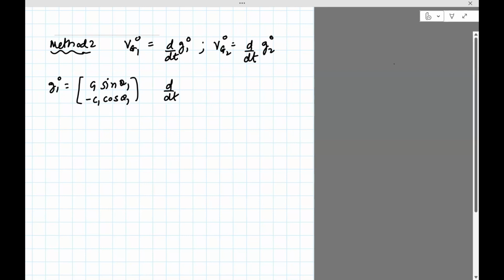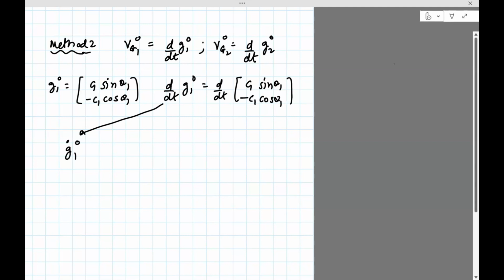So d dt of G10 is going to be d dt of C1 sine theta 1 minus C1 cosine theta 1. Okay, so let's do that. I'm just going to write shorthand notation. This is G1 dot 0 equals. When you're taking the derivative of a vector, you need to take each component and take its derivative. So C1 sine theta 1, take its derivative.